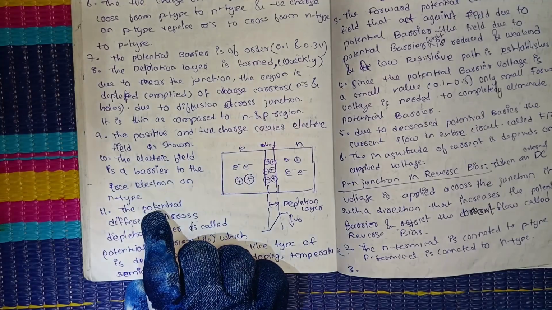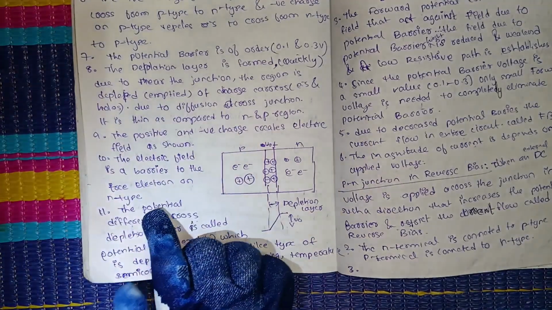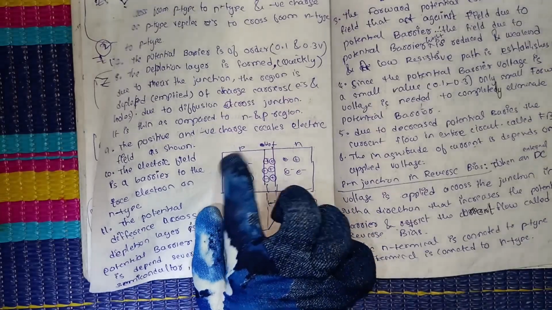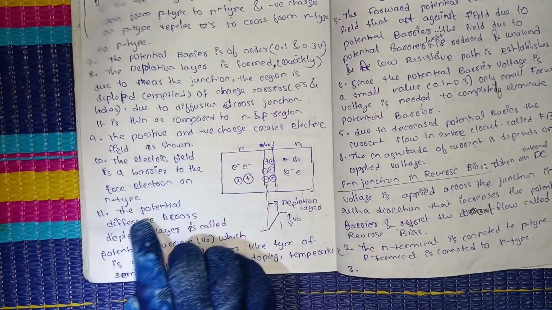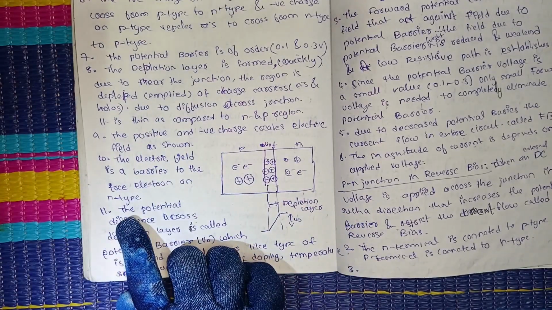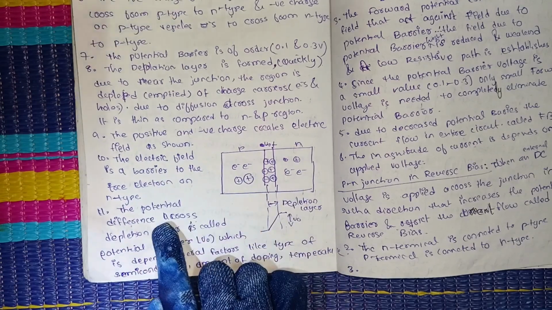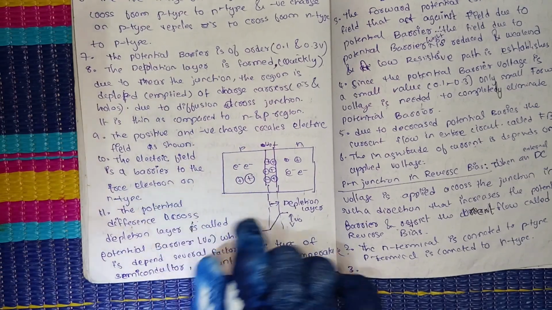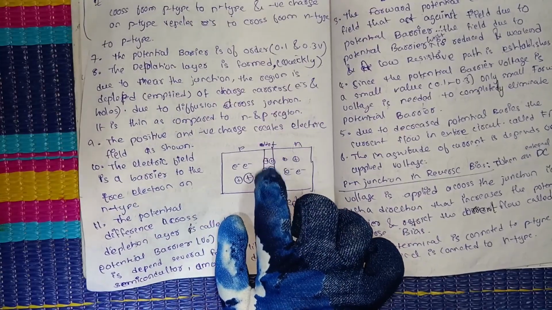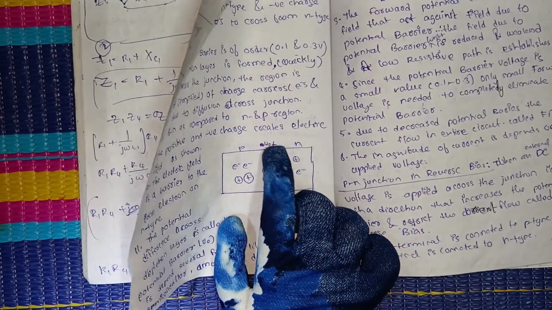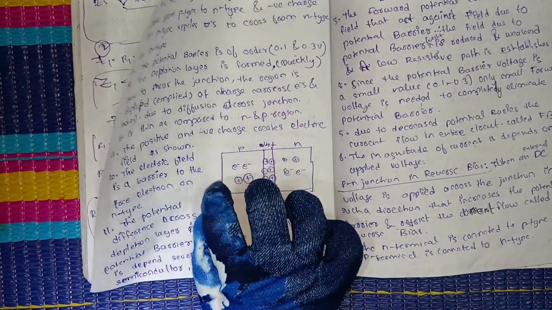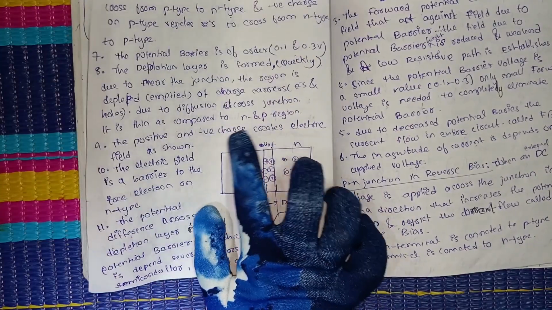The junction means this whole thing is called junction, and this is the p-type, n-type and junction area.